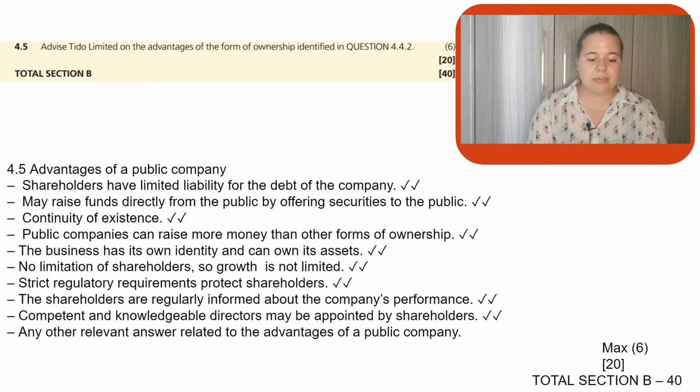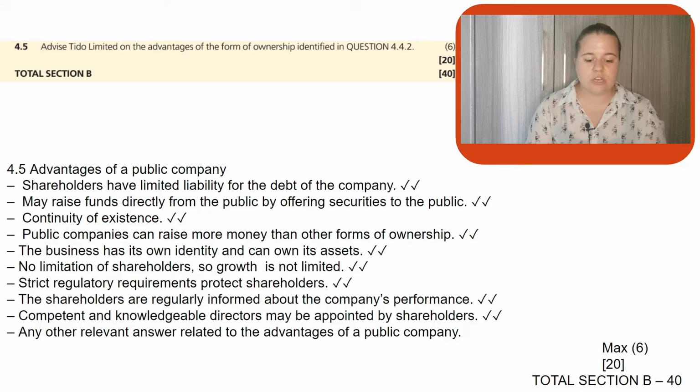Shareholders have limited liability for the debt of the company. May raise funds directly from the public by offering securities to the public. Continuity of existence. Public companies can raise more money than other forms of ownership. The business has its own identity and can own its assets.